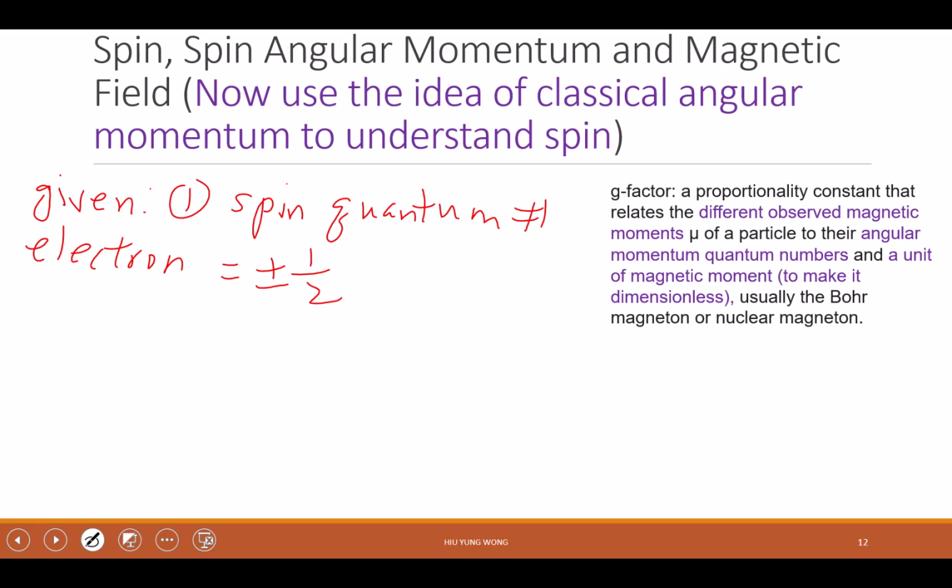You can have plus half or negative half. That's it. Nothing to do with its spinning. But the interesting thing is, with this spin quantum number, it happens to have angular momentum, even though it is not moving like a classical particle, but it has an angular momentum.